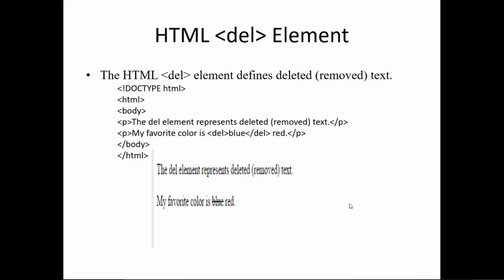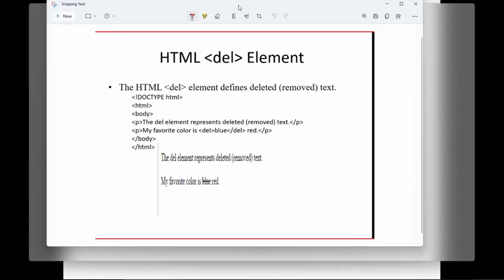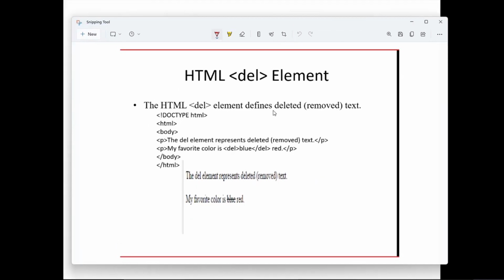If you check out the program, it says the del element defines deleted or removed text. Then the p tag is there. The delete element represents deleted, removed text. It's simply a paragraph format, so it is displayed normally as a paragraph. And then again the paragraph format is there.